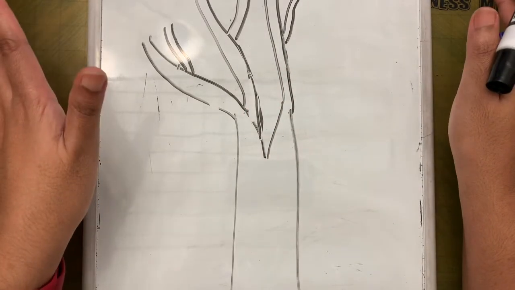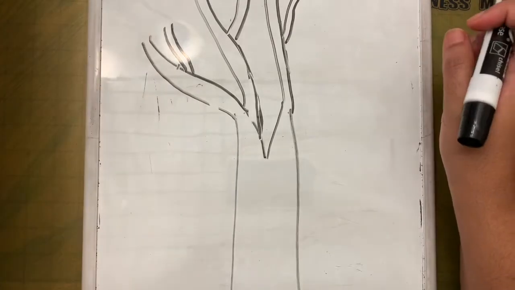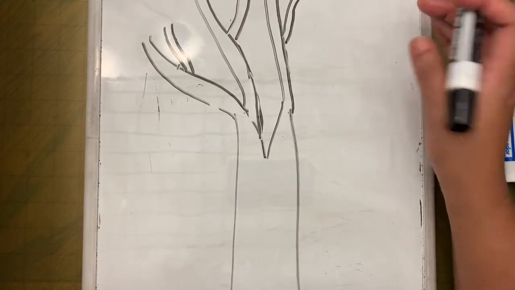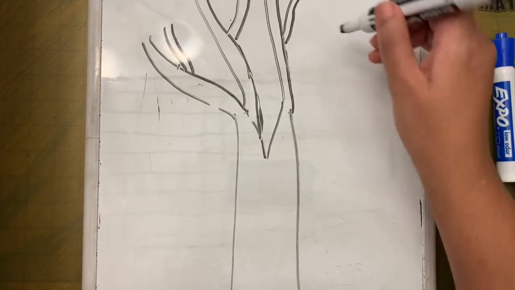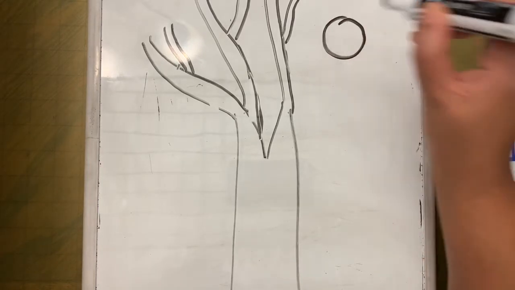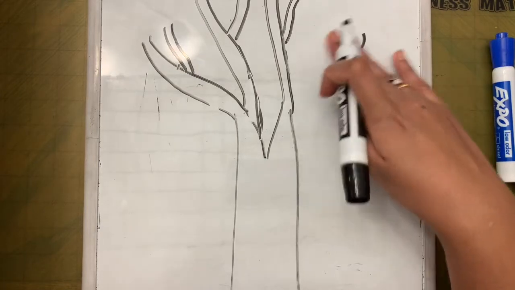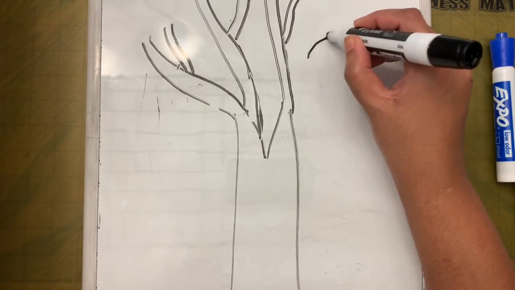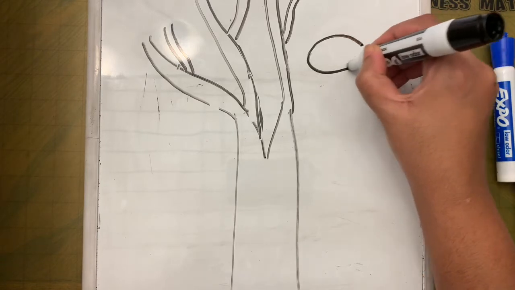So I think we have enough branches, and then we are going to use some shapes. So for the leaves, you can either use circles. Okay, what other shape do you think will best suit a leaf? Maybe oval shape also will work.